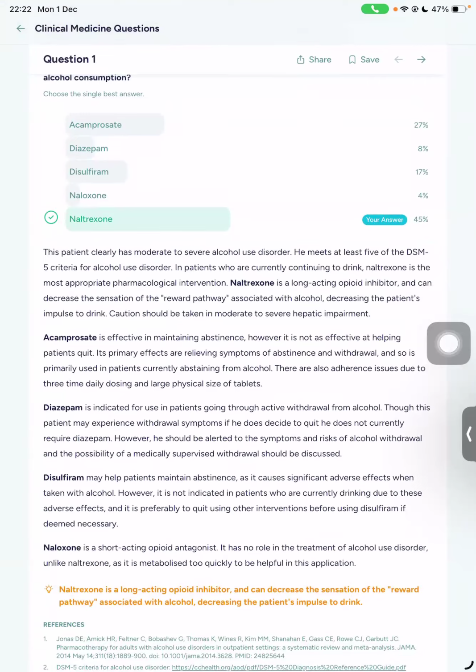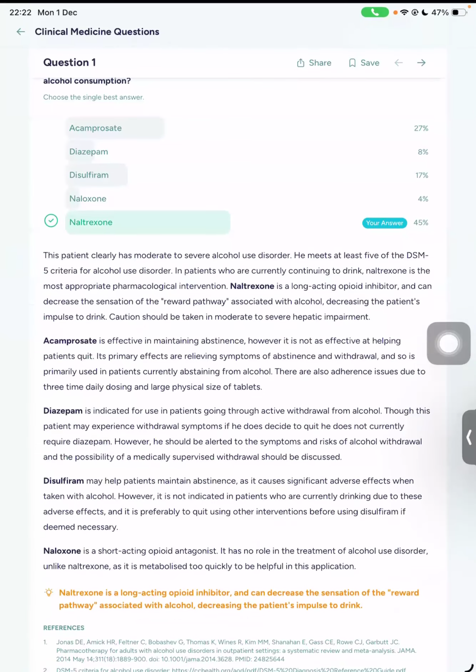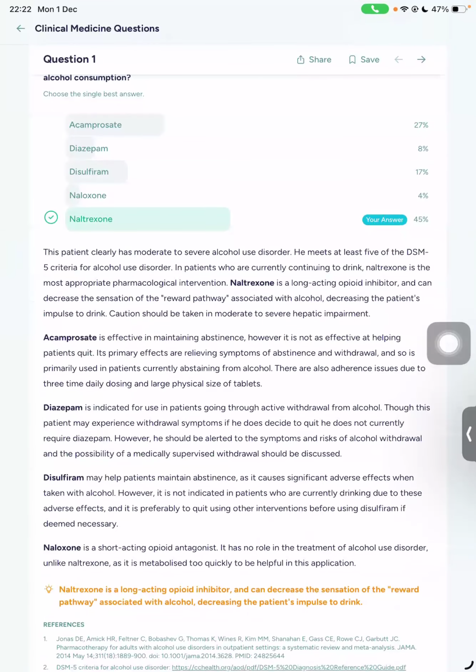In patients who are currently continuing to drink, naltrexone is the most appropriate pharmacological intervention. In the question, they are asking about the pharmacological intervention, right? So, naltrexone is a long-acting opioid inhibitor and can decrease the sensation of the reward pathway associated with alcohol, decreasing the patient's impulse to drink.